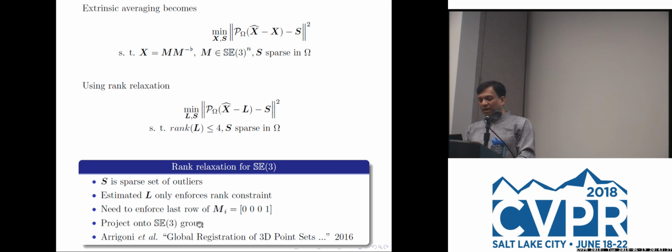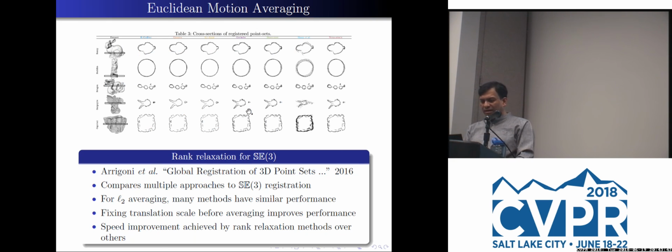If you're interested, you can look at this paper in ECCV 2016, which lays out all of these different relaxation ideas and how to solve this in the presence of outliers and so on. And here are some results that you can get. The argument for their work is that it's much faster than many of the existing methods.